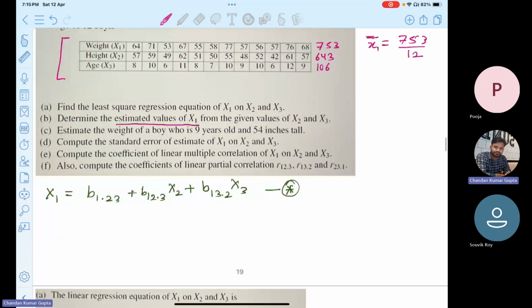The next question is to estimate the weight of a boy who is 9 years old and 54 inches tall. So we are given x3, the age, is 9 years, and the height is x2, which is 54 inches.